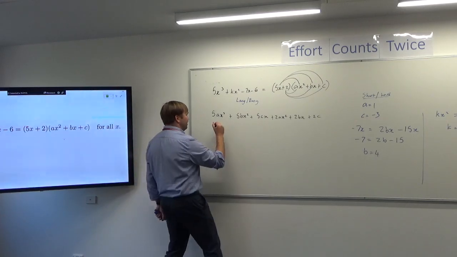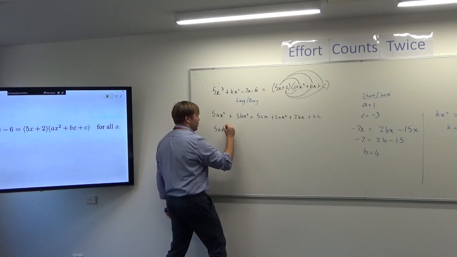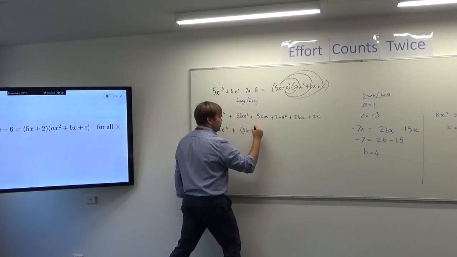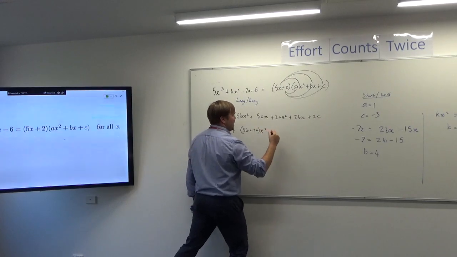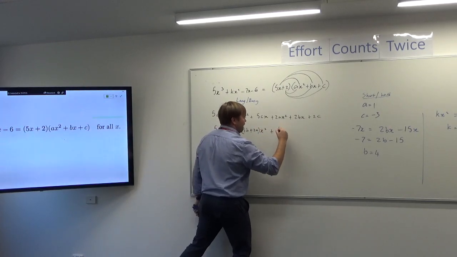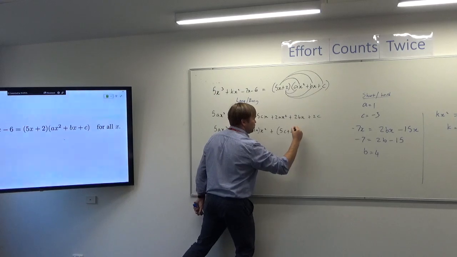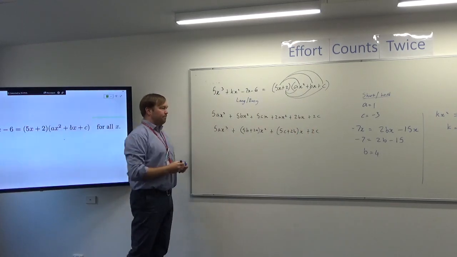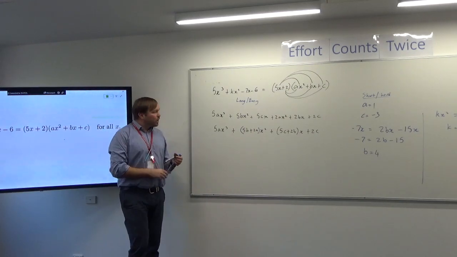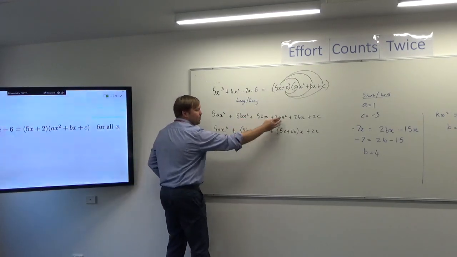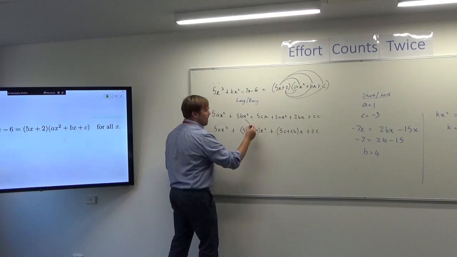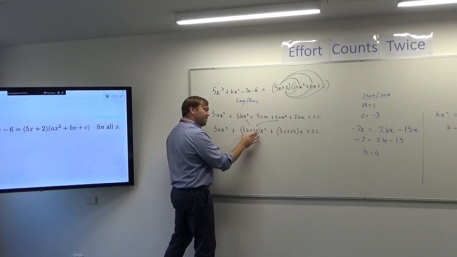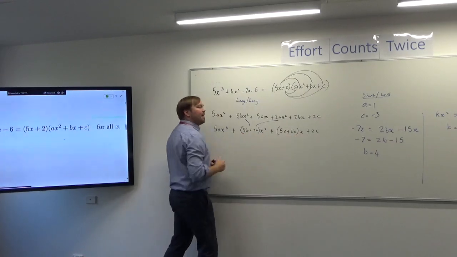Then what I'm going to do is collect things together and pull out the x's. And I'll show you what I mean. 5ax cubed plus bracket 5b plus 2a, x squared, plus bracket 5c plus 2b, x, plus 2c. What I've done is I've put the x squareds next to each other, there and there, and I've put the x's next to each other, there and there, and then just factored out the x squared and the x's.